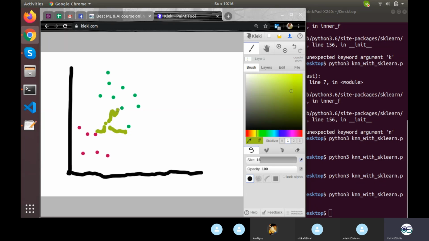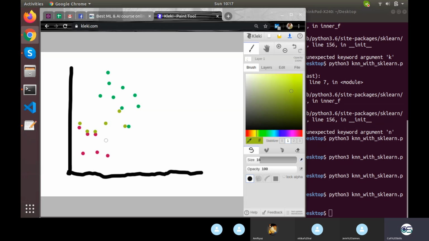But when I take n to be 5, then the fourth distance is this, the fifth distance is suppose this. Then the majority has shifted to pink, because 1, 2 and 3 distances are on the pink class, and on the other hand 1 and 2 distances are on the green class. That's why it has shifted to pink.